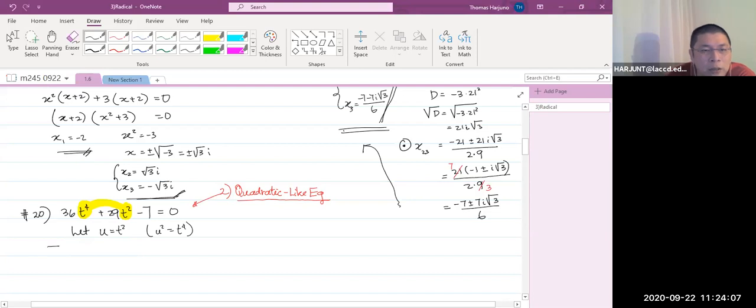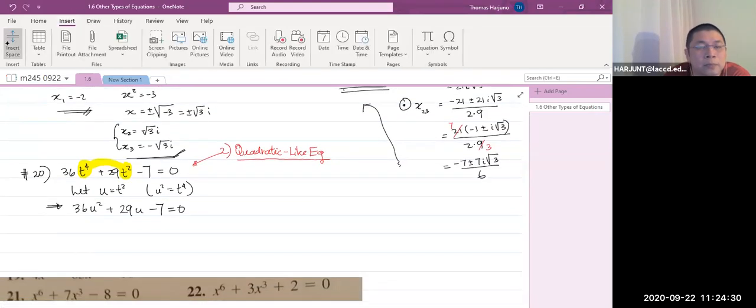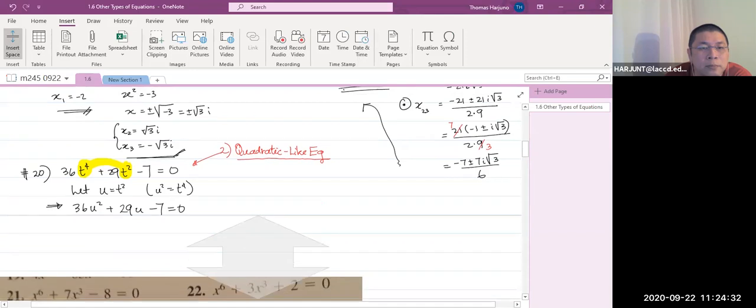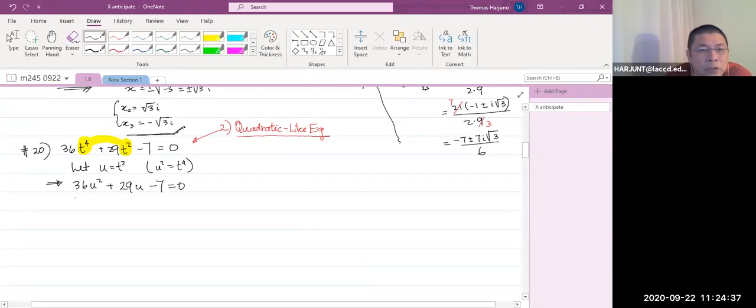Now then, with that substitution, I get 36u squared plus 29u minus 7 equals to 0. I will solve for u first, and then later on, I bring it back to t's. I wonder if I can factor this. Try 9 and 4.